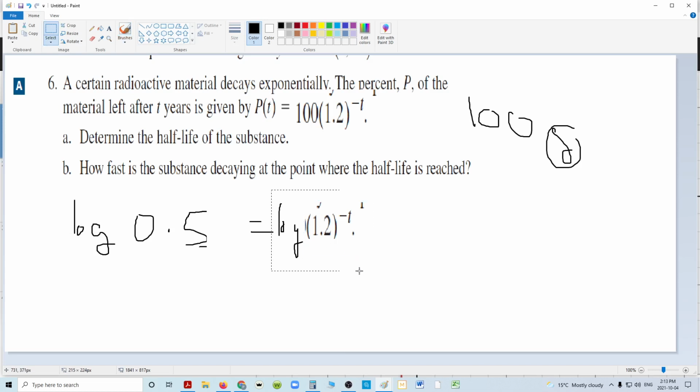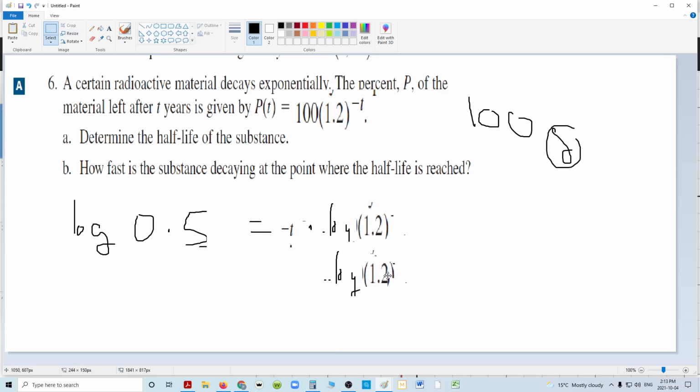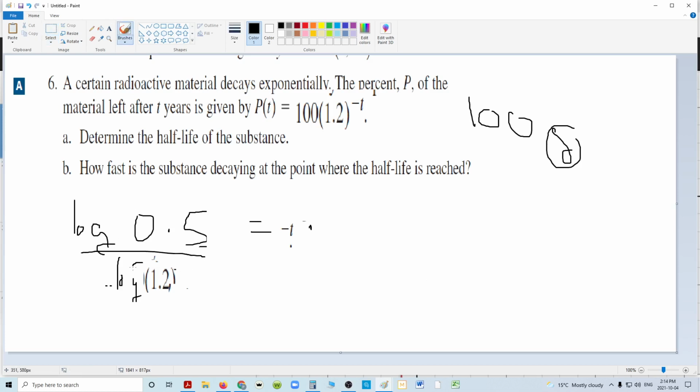That way, when I do take the log, the rule of logs allows me to take the exponent and bring it up front as a multiplier. If I want to get negative t times this all alone, I have to divide by the log of 1.2. So that means negative t is going to be log of 0.5 divided by log of 1.2.